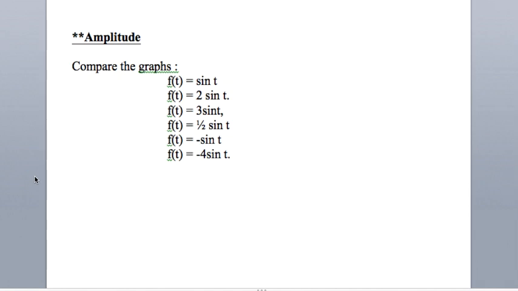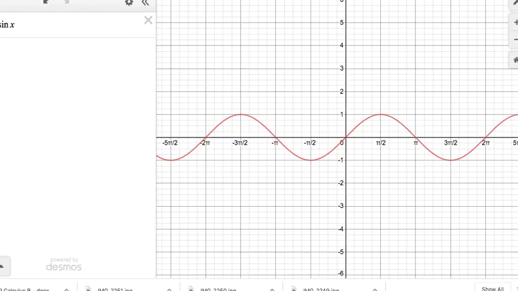So we're going to start with the amplitude of the graph. In comparing that, we're going to be looking at a few of these different values that you have here. Sine of t, 2 sine of t, 3 sine of t.